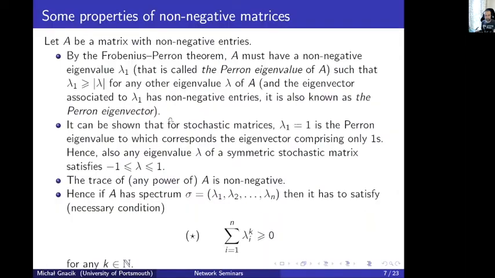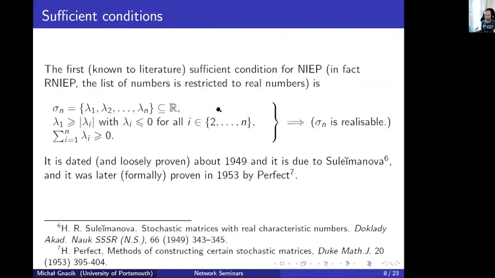So the first sufficient condition known to the literature for the non-negative inverse eigenvalue problem, and as I mentioned, it's in fact the real one, because the list is restricted to be real numbers, is the following.